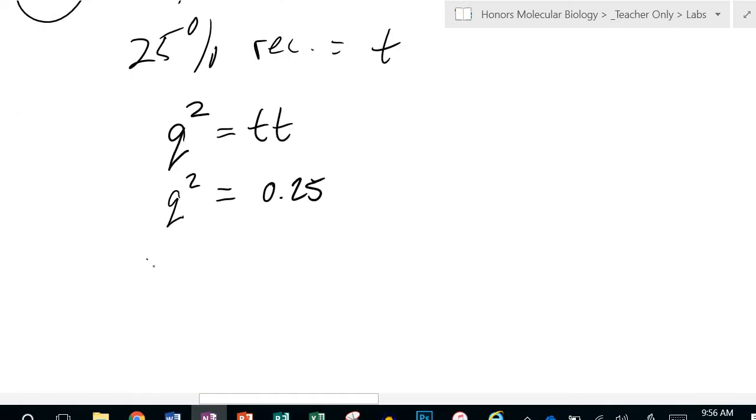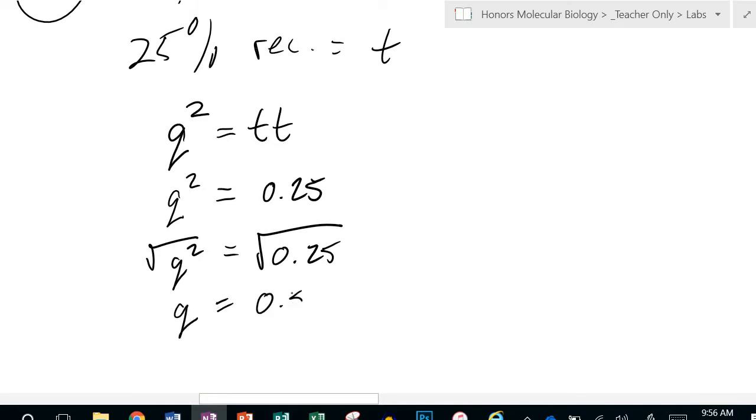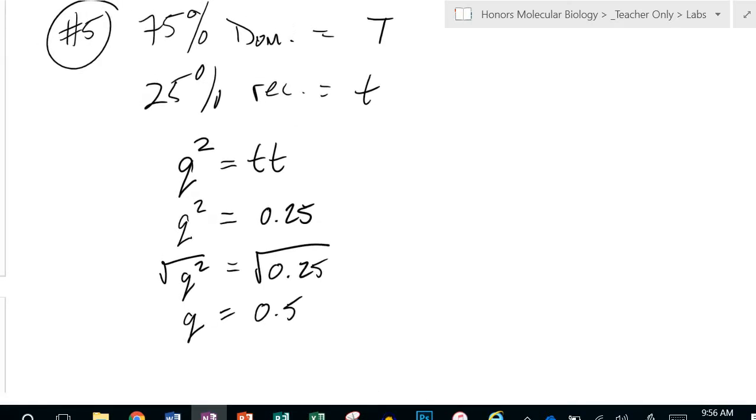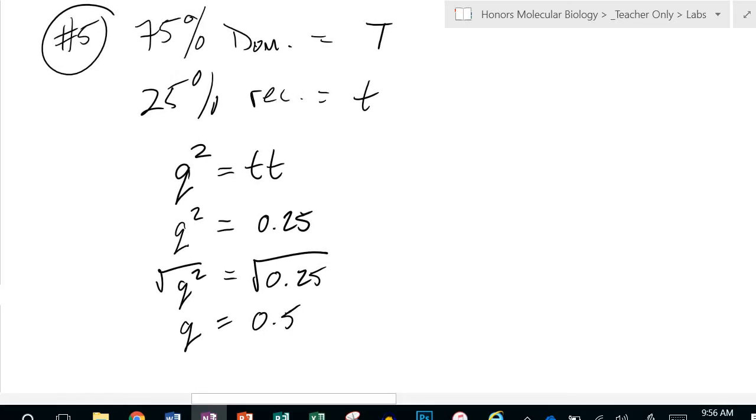We square root both sides to get rid of the exponent, because we have to balance the equation, and we are left with Q equals 0.5. All right, so that is our recessive frequency. Now, we have to solve for P.